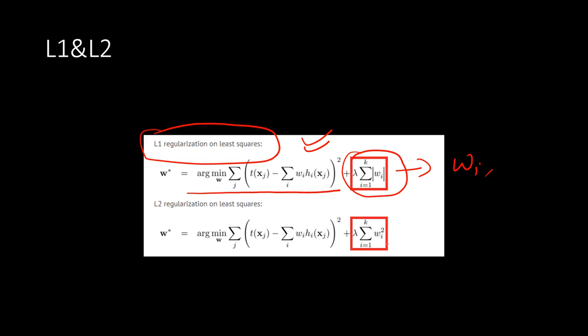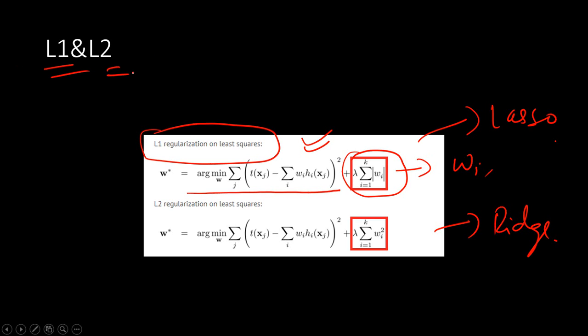If you're taking the square of that, we essentially call it L2 regularization. So this one we call lasso, and this we call ridge. These are simply additional names; depending on what you use, you call it by that name.